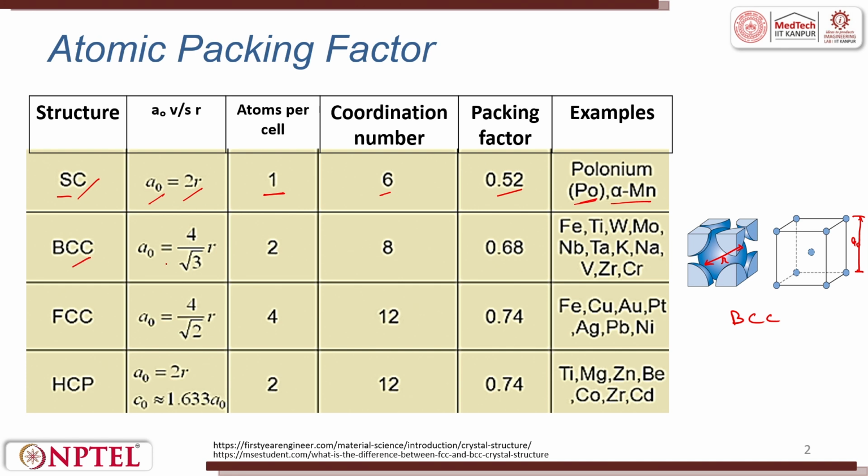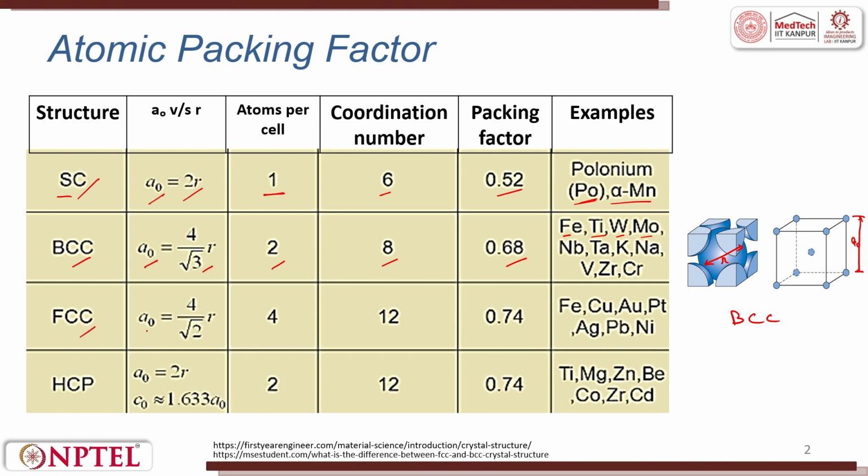Second is BCC, for which A naught is equal to 4 by root 3 R, number of atoms per cell is 2, coordination number is 8, packing factor is higher, that is 0.68. Examples are iron, titanium, tungsten, molybdenum, and so on.